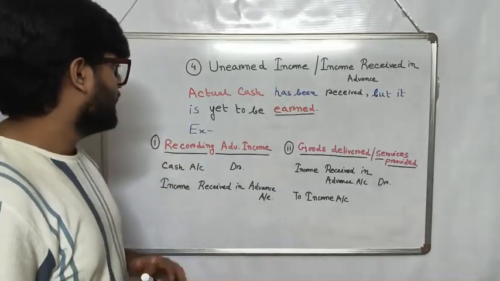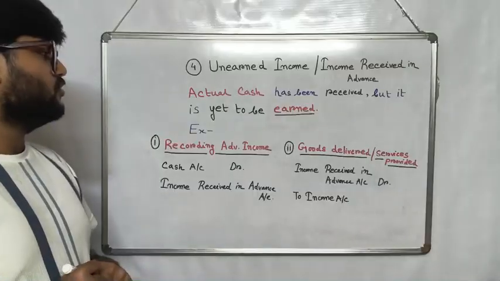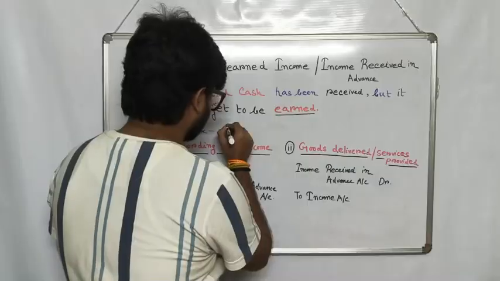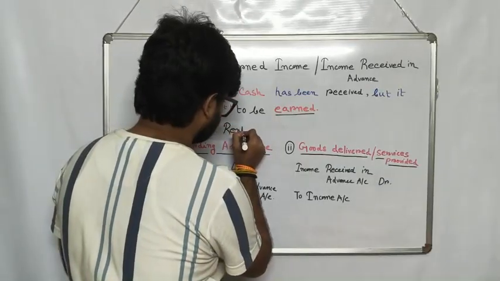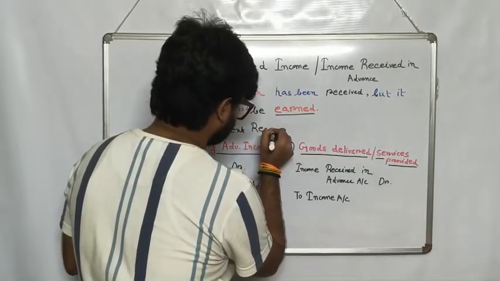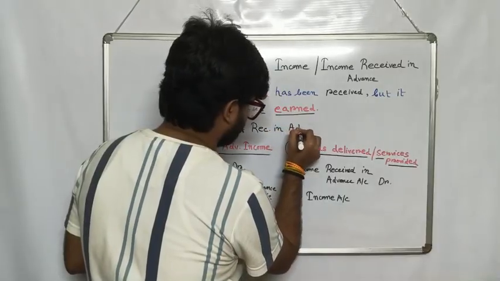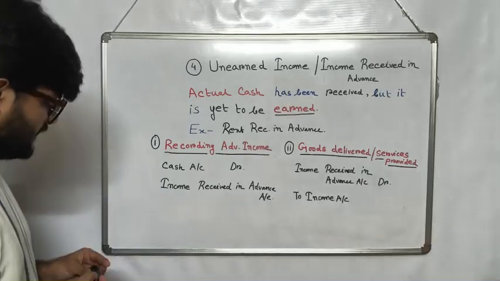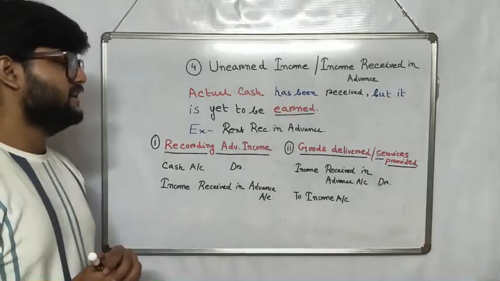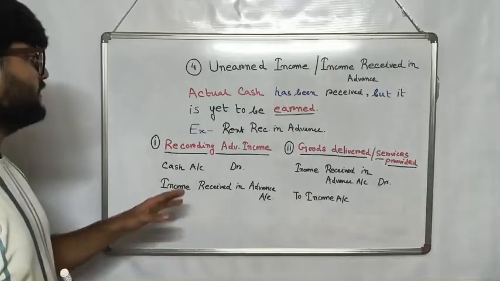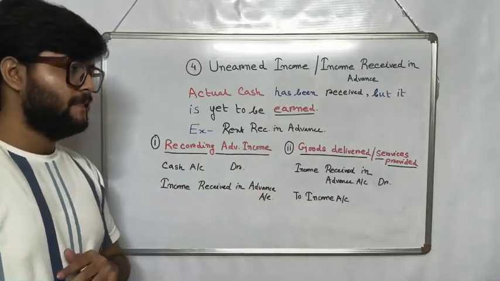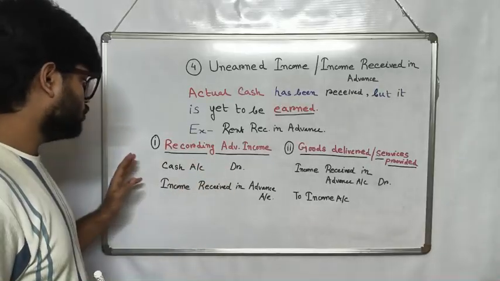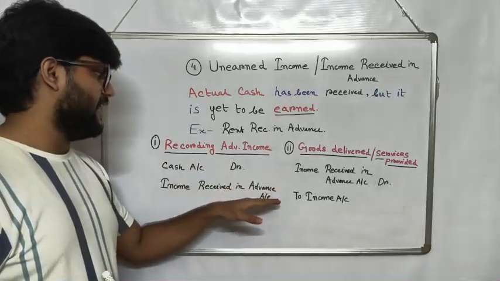Okay, this is the scenario of unearned income or income received in advance. Now if you see, an example of this would be rent received in advance. Okay, so I'm writing it down. Rent received in advance. Okay, now if you see, the first journal entry in this case would be the recording of the advance income, that is cash account debtor to income received in advance account.